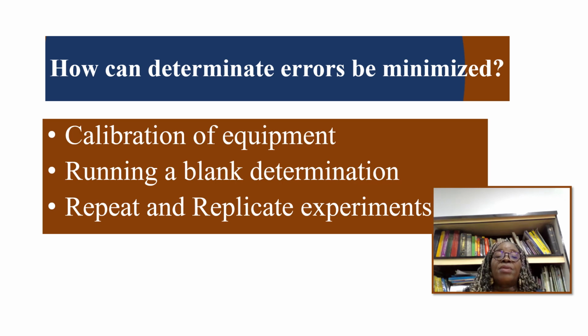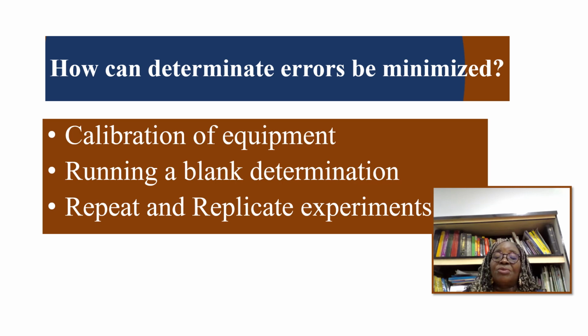Secondly, we run a blank determination. A blank determination is very important in an analysis. What is a blank determination? It is a determination that you perform without your sample. You have taken your own measurement with your sample inside.